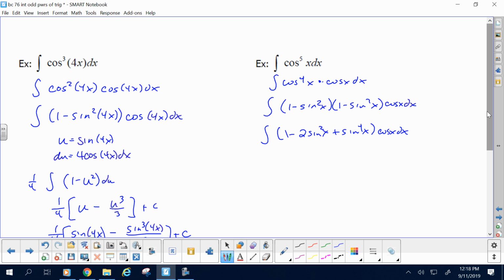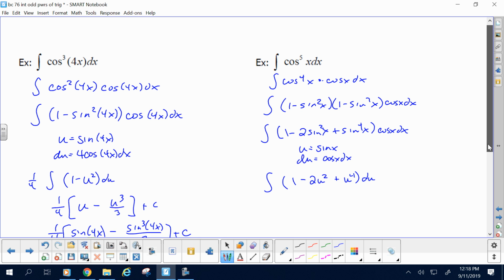All right. Now, u sub. U is sine of x, and du is cosine of x dx. So with substitution, the trinomial is replaced by 1 minus 2u squared plus u to the 4th, and then just a straight up du outside. Right?